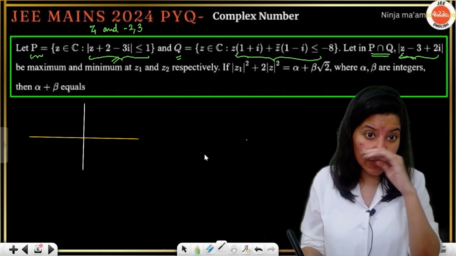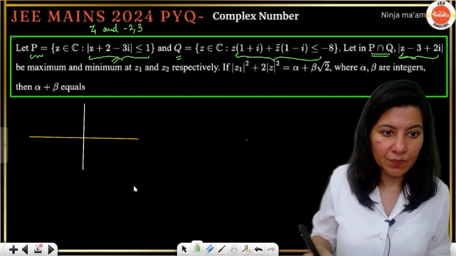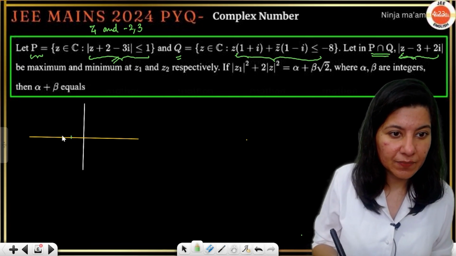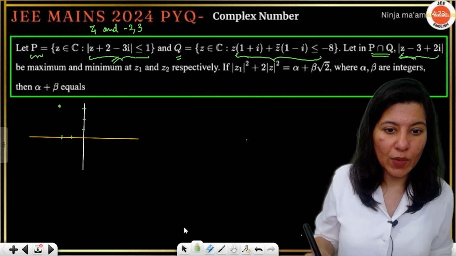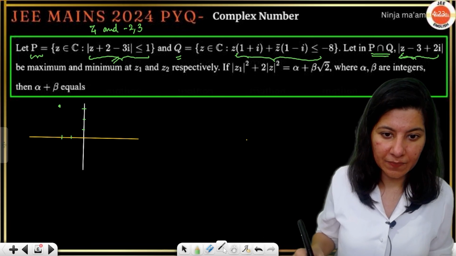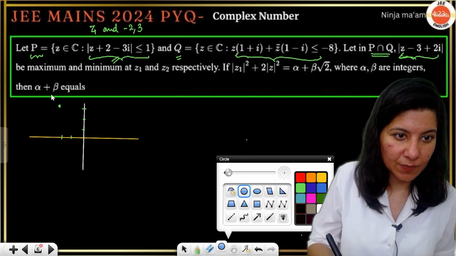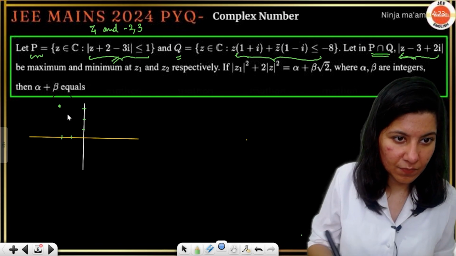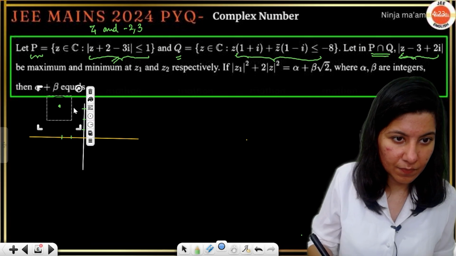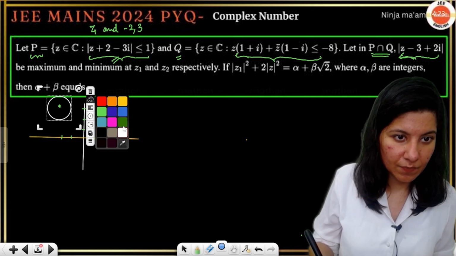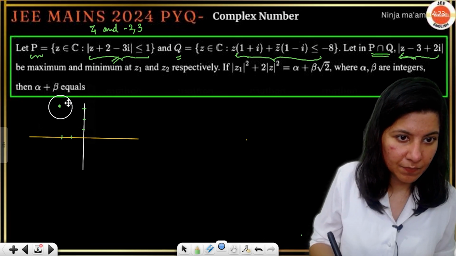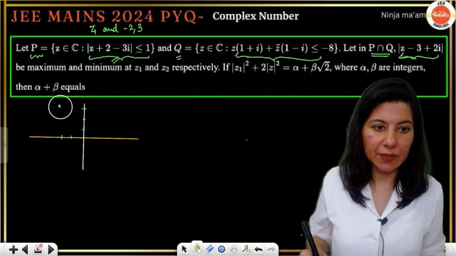Now this is minus 2. Minus 2 will lie over here. And this is 3. And the radius is 1. Perfect. Let me draw a circle now. This is the circle.